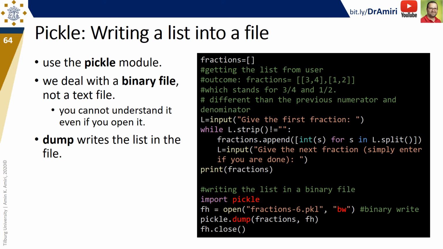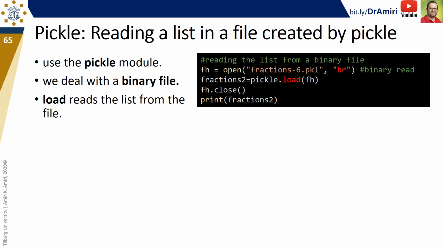So rather than writing down the functions, you can easily import pickle and open the file in binary writing mode, and then use the dump method to dump this list into a file, and then you can easily read that list using the load function. So it has made your job way easier.